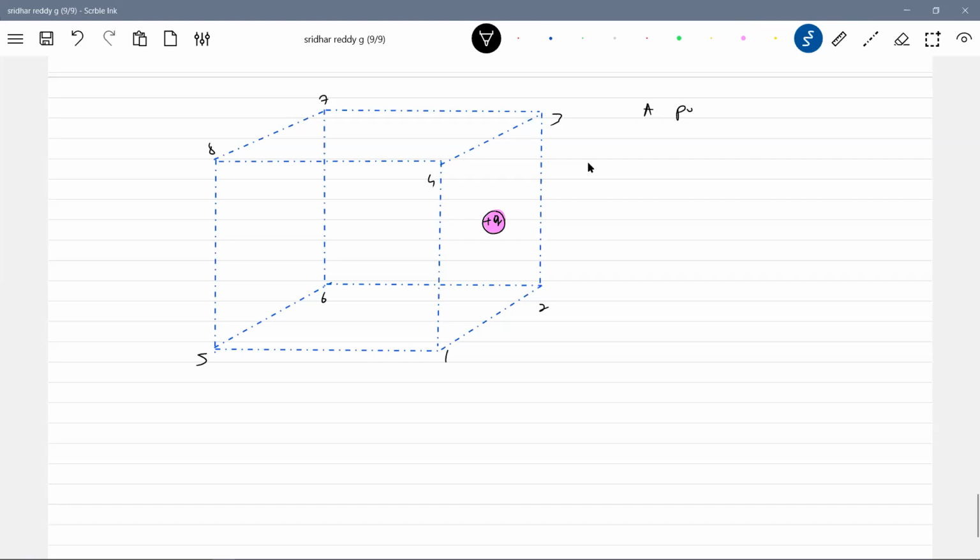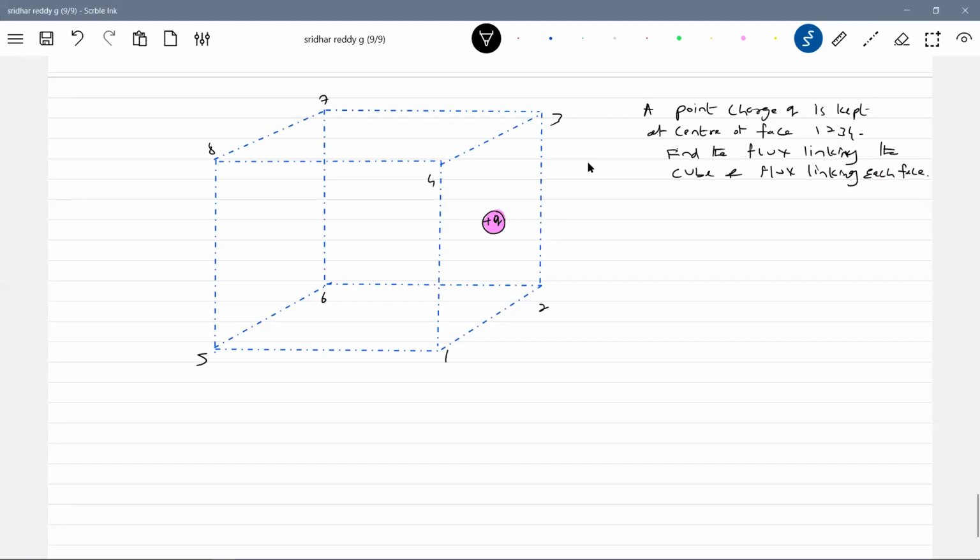A point charge kept at the center of face 1, 2, 3, 4. Find the flux linking the cube and the flux linking each face.